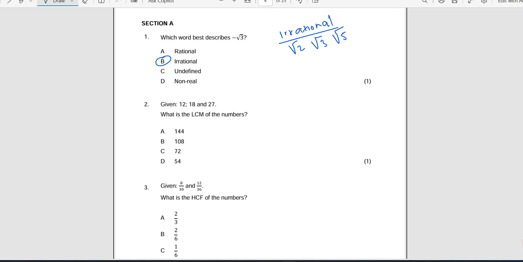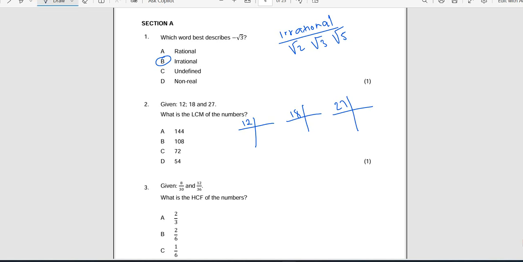Okay, let's try. We have 12, 18, and 27. Don't be lazy, learners, try this method. When we use the tree diagram method, we use prime numbers. What are prime numbers?